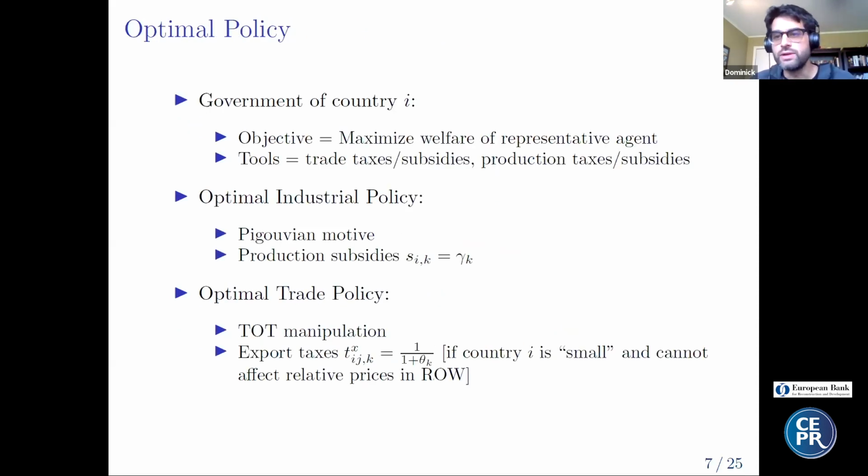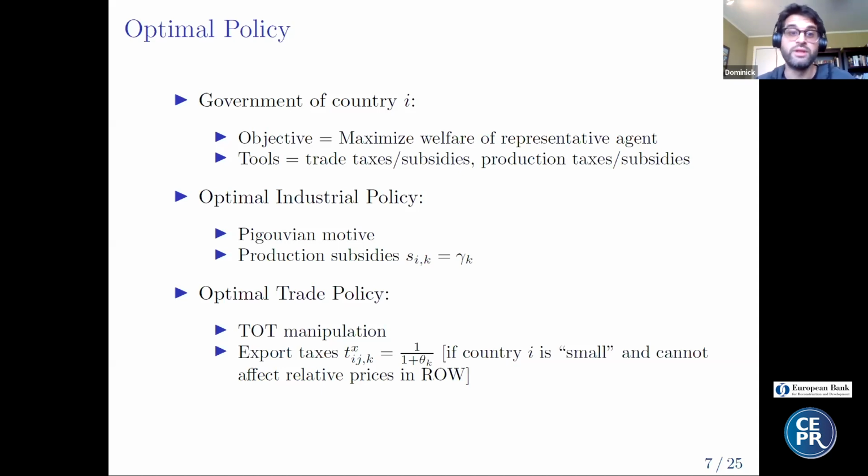So what does optimal policy look like in this framework? Well, we'll take the perspective of a government in country I that cares only about the welfare of its own people, and their objective is to maximize the welfare of the representative agent in their country. And the tools that they're going to have at their disposal are going to be trade taxes or subsidies, so import tariffs, export taxes, and production taxes or subsidies that apply to the production of both goods for export and for domestic consumption.